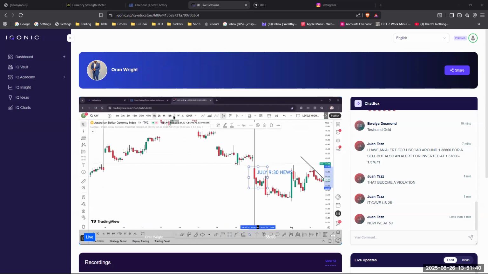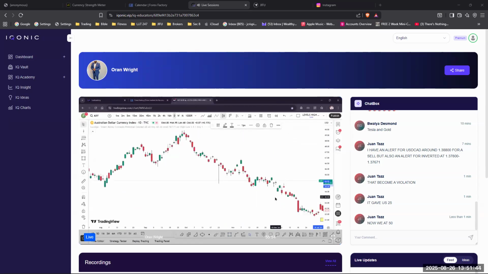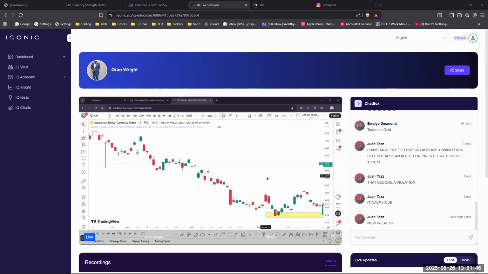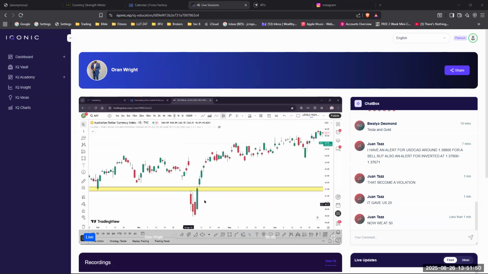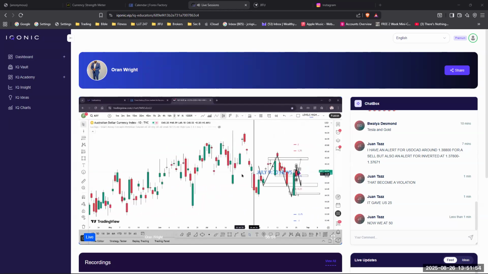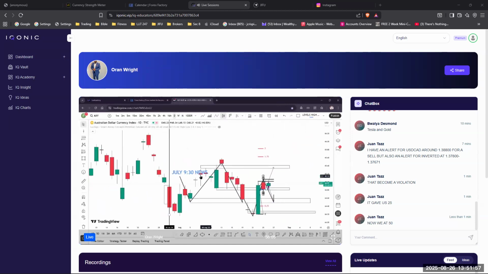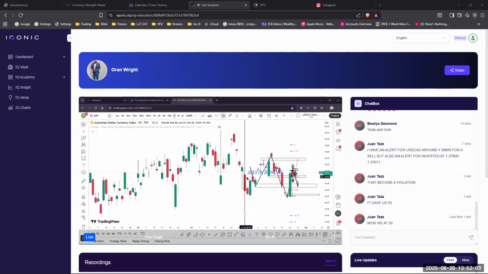So when I go back over to my higher time frame, July 29th. Okay. All right, right here. When they pushed that market down, right in this area, why did they stop here?